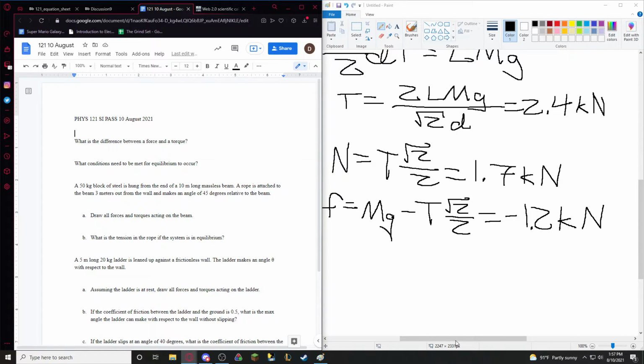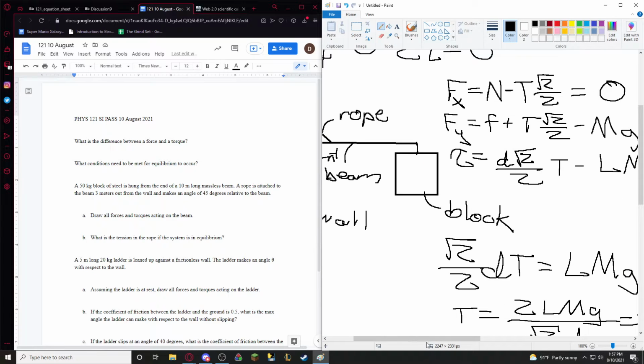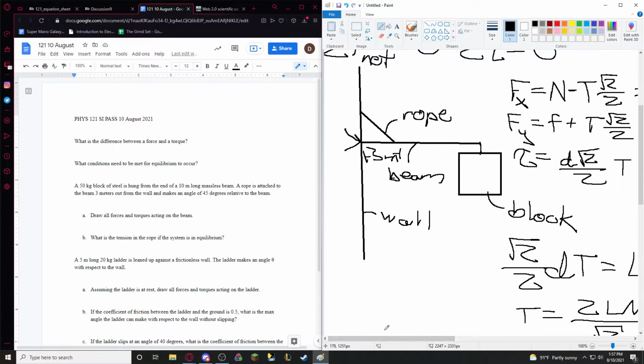So we got a negative value here. Is that a problem? Actually, it shouldn't be a problem because the frictional force would technically be clockwise.